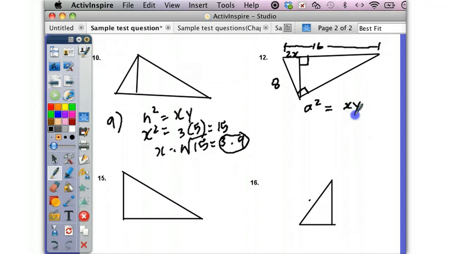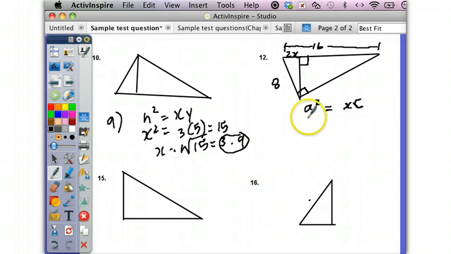You just have to remember, you wrote a Y instead of a C. Okay, good. Better.